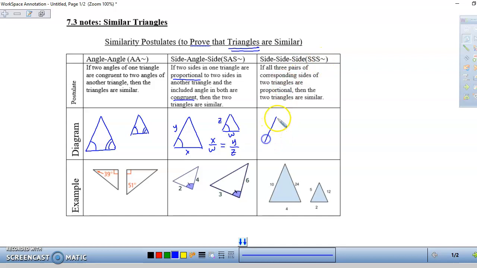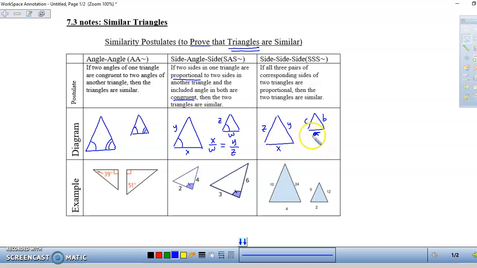Okay, next one, side, side, side. So again, I have these two triangles. And again, I'll just do it in a different order, maybe X, Y, Z, and then A, B, C, something like that.